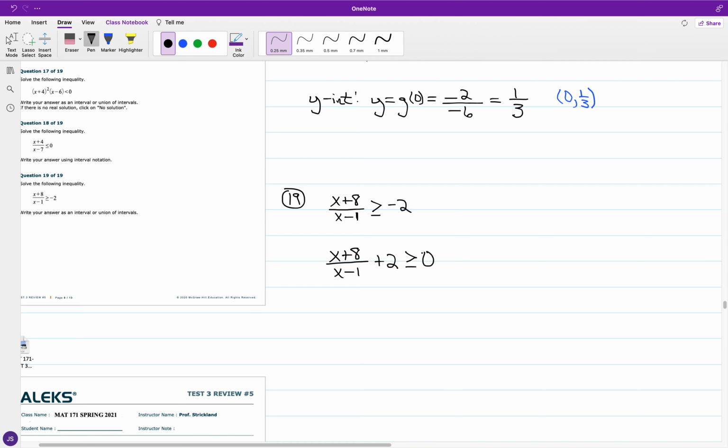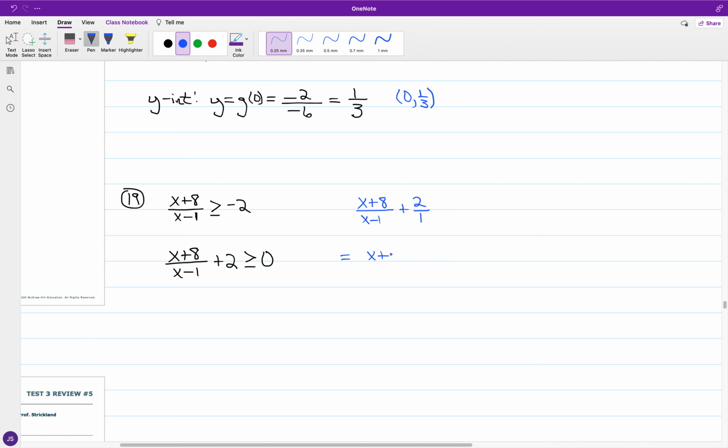So I'll keep the first ratio as it is for now, while I adjust 2 as a fraction with x minus 1 as the denominator. So I multiply 2 by 1 in the form of x minus 1 divided by itself.